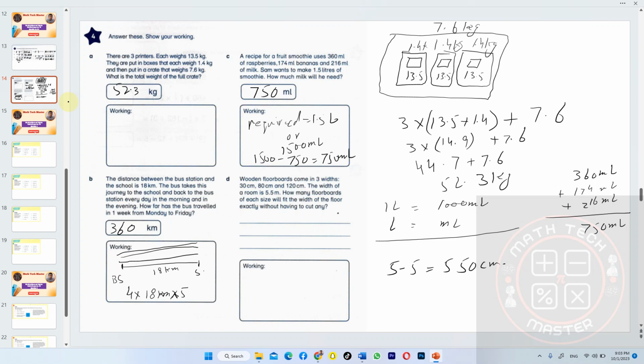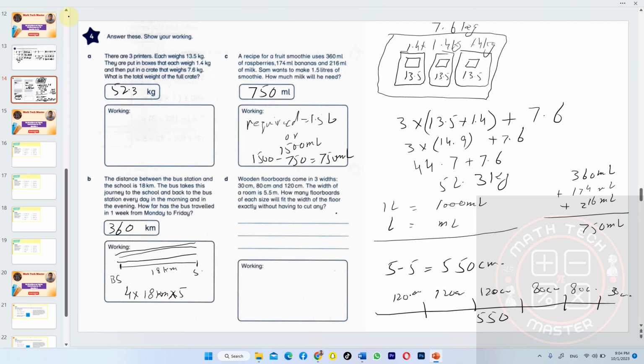So in this question we can understand that the total length is 550. So we have to cut them like these three parts can be of 120 centimeters, these two can be of 80 centimeters and this can be of 30 centimeters. So when we add all of them, it will be 550 centimeters.